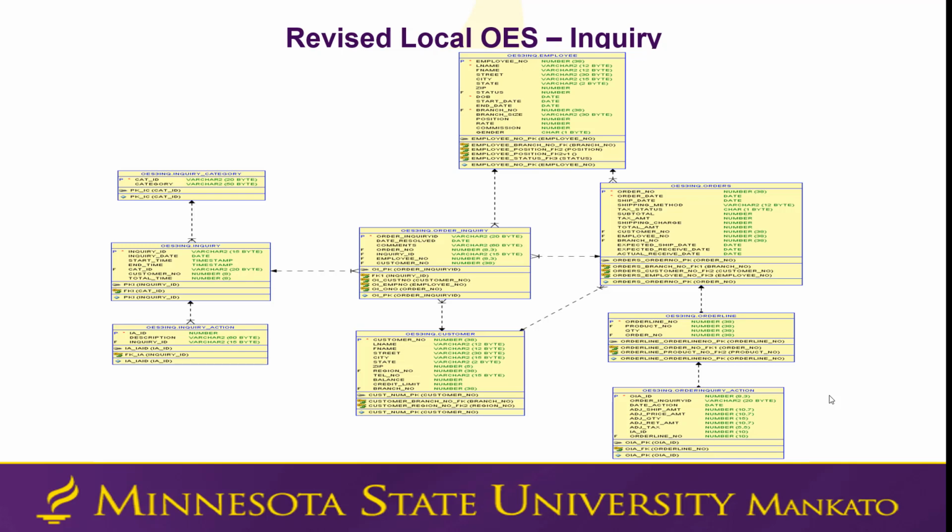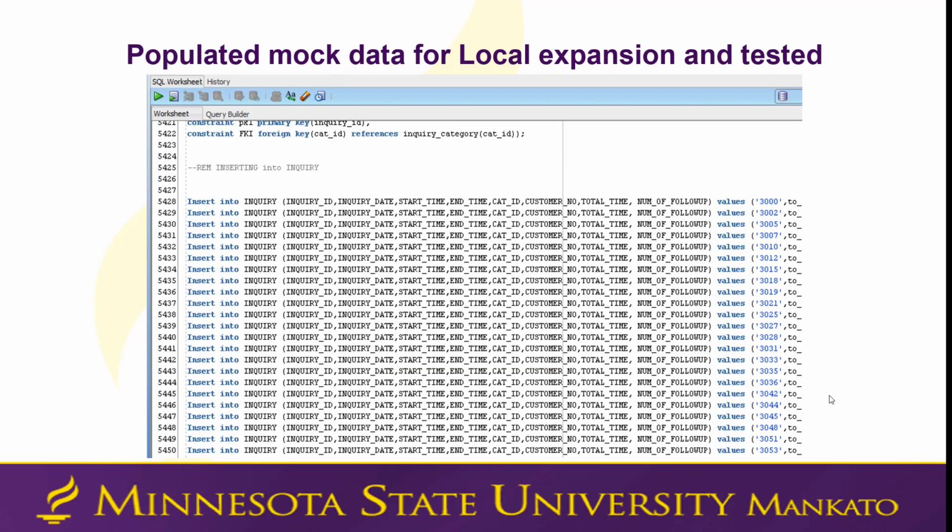We also have the populated mock data for local expansion and tested. We populated the data in such a way as to make sure that the data actually works well inside the tables that we have been able to create.